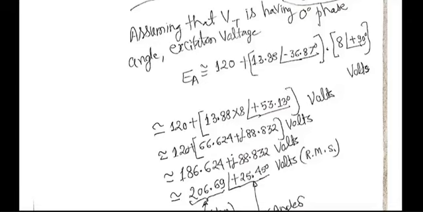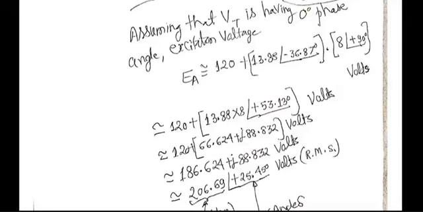So the multiplication will become 13.88 into 8 with an angle of plus 90 degrees minus 36.87 degrees, which is 53.13 degrees. You convert the result back into rectangular form and then add 120 to it to get EA in rectangular form.